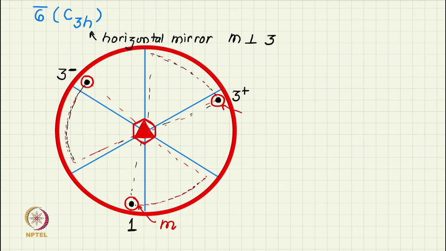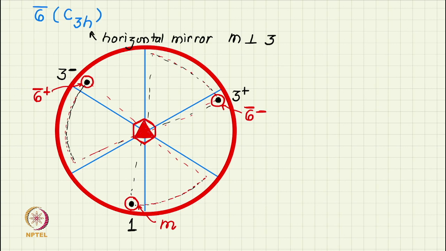So we have seen that if I rotate 60 degrees and then invert, I got to this circle. So this is actually 6 bar, it is representing the 6 bar plus operation. Similarly, this one will be representing the 6 bar minus operation.